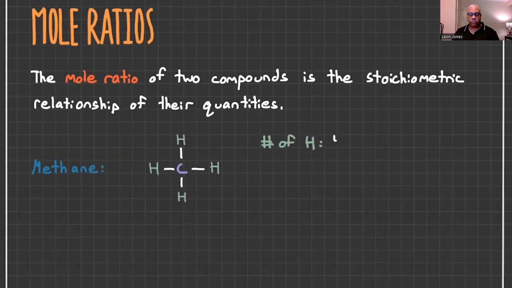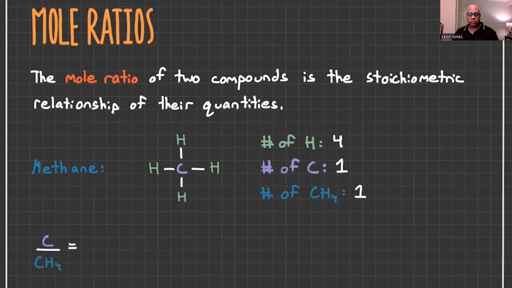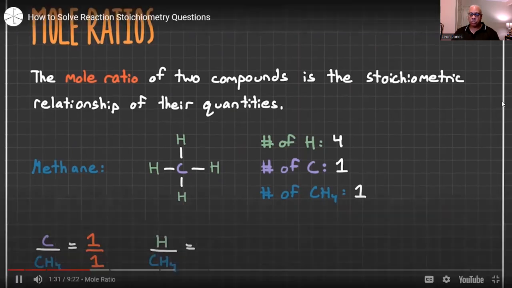We have a total of 1 molecule of methane. So, the ratio of carbon to methane here is 1 to 1. For every methane molecule, there is 1 carbon atom, and vice versa. The ratio of hydrogen to methane is 4 to 1. For every methane molecule, there are 4 hydrogen atoms here. And, similarly, the ratio of carbon to hydrogen is 1 to 4.